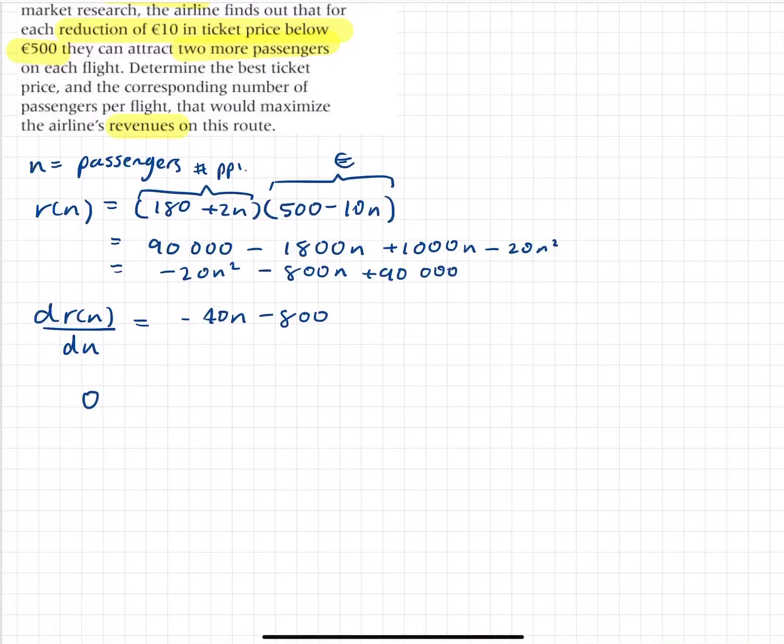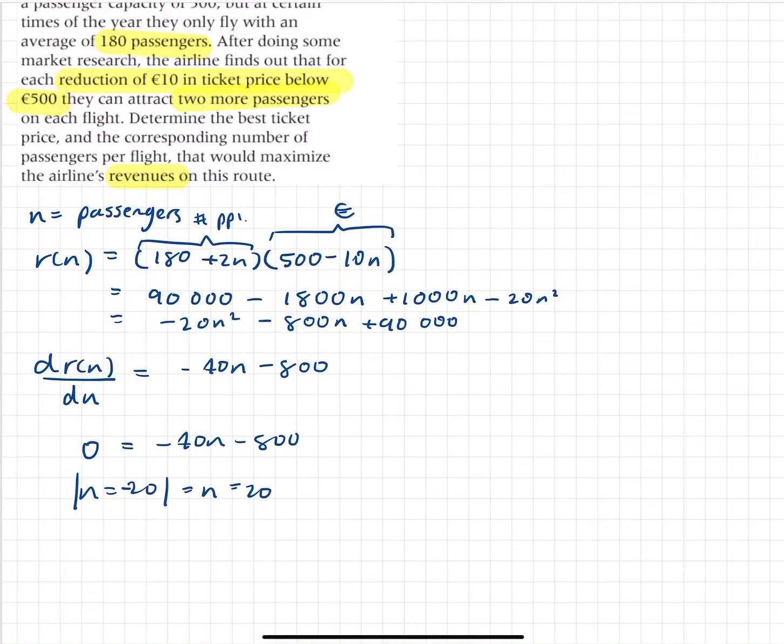So it's equal to negative 40n minus 800. And I'm just trying to figure out why we have negative 800, because if we evaluate for n, we should get 20. So I'm just going to take the absolute value and just say it's 20. So 20 should be the amount of passengers you have.